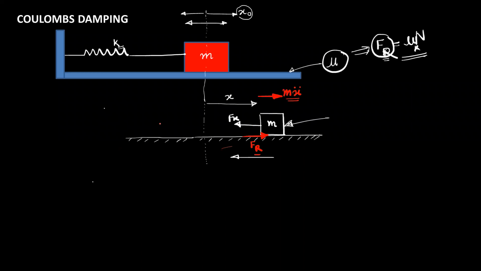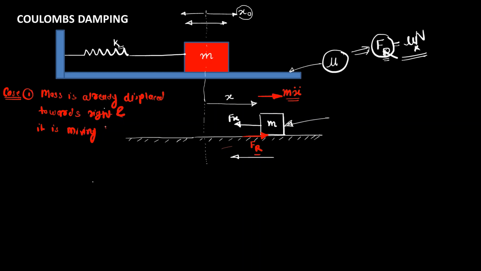So for this FBD, we have assumed the mass is already displaced towards the right side, and it is moving towards the left.